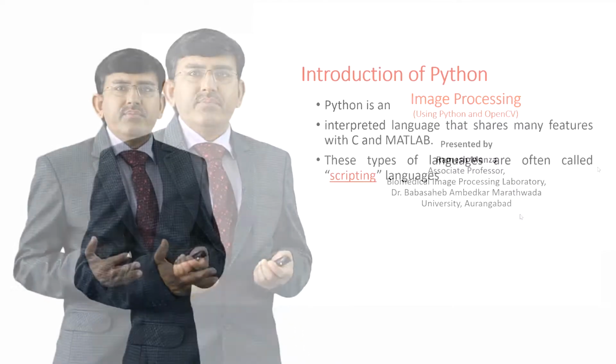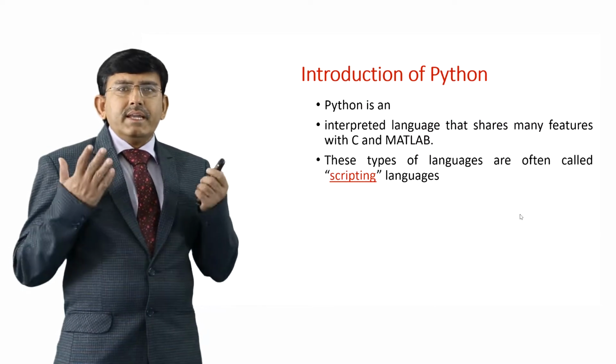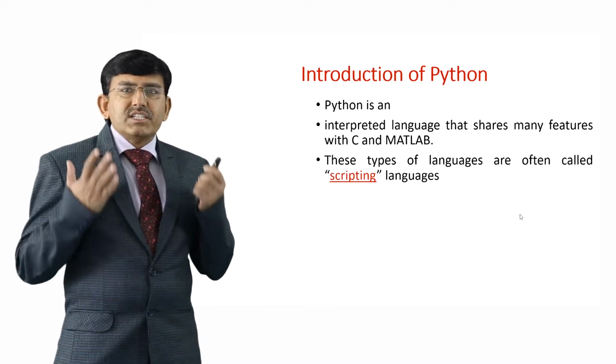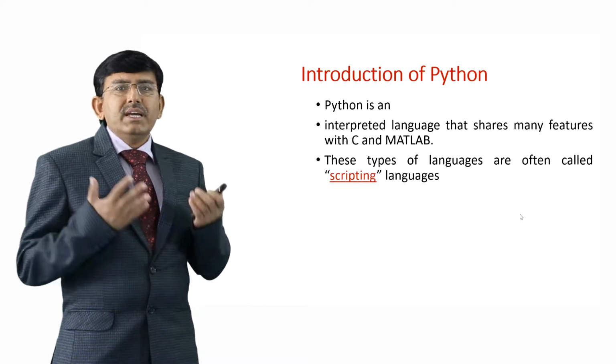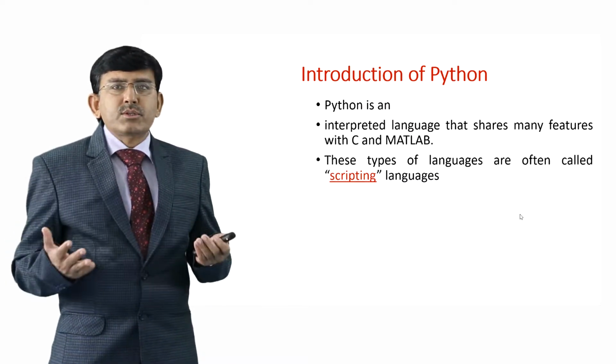Biomedical Image Processing course. Today we will see Python as an open source software, along with OpenCV, used for image processing, especially for biomedical image processing. Python is an interpreted language that shares many features with the C programming language and MATLAB also.